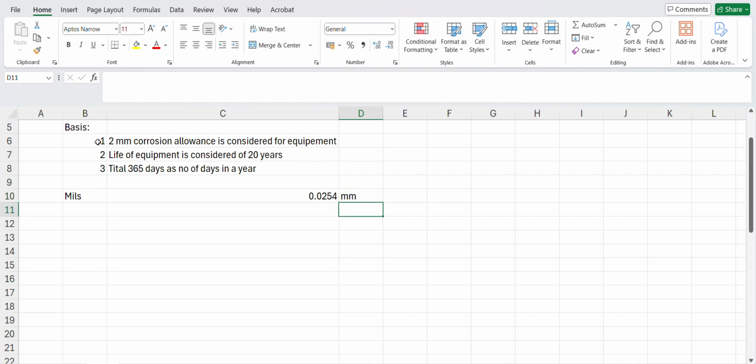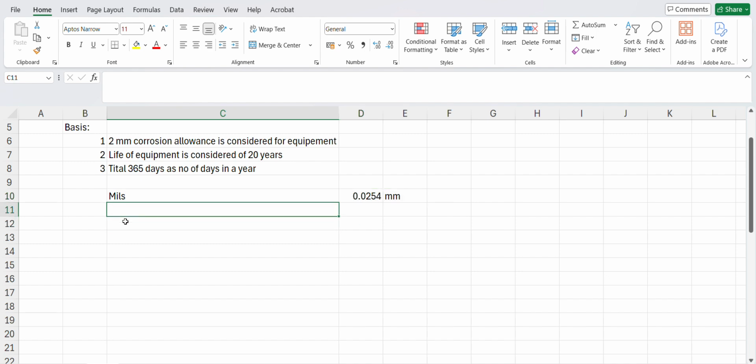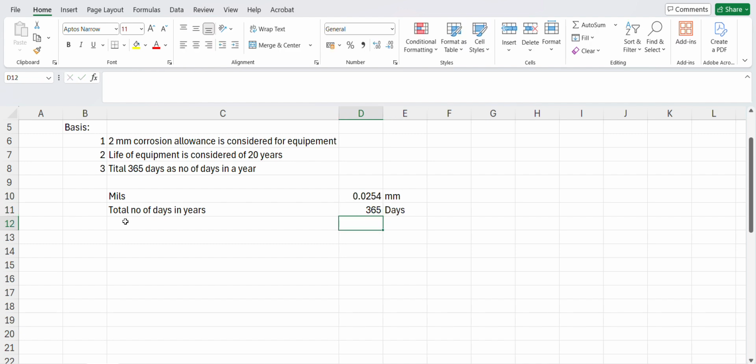First, mils, which we discussed in the last lecture, that is 0.254. Now we have to put in whatever data is required for the calculations here. Total number of days in a year, which is 365 days. Then we have to select the coupon.